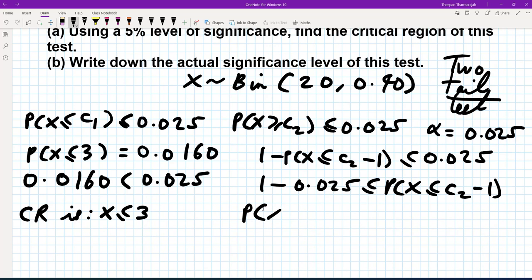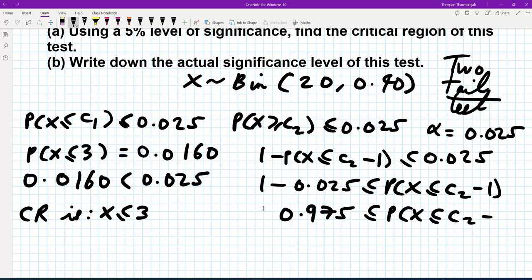So first we're going to write 0.975 is less than or equal to the probability that X is less than or equal to C2 minus 1. Then we can write the probability that X is less than or equal to C2 minus 1 is greater than or equal to 0.975, like so.